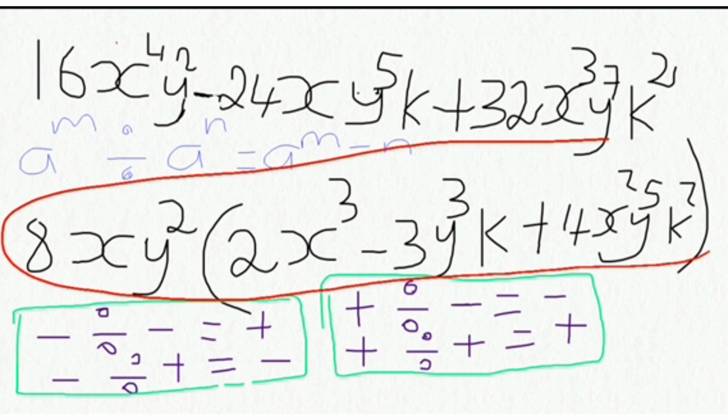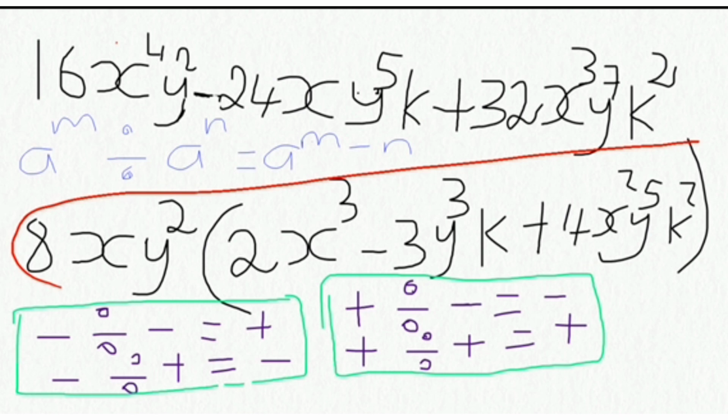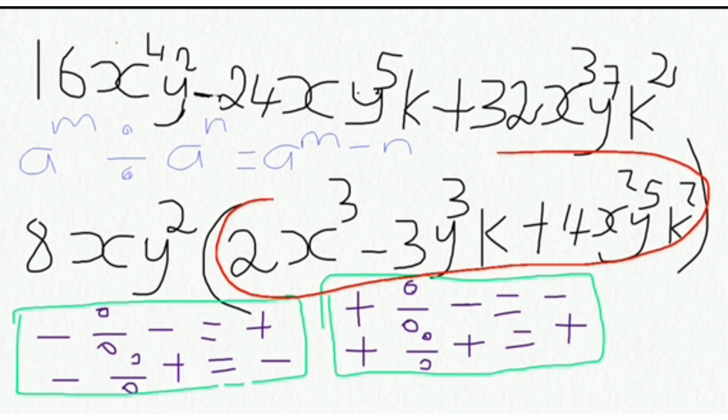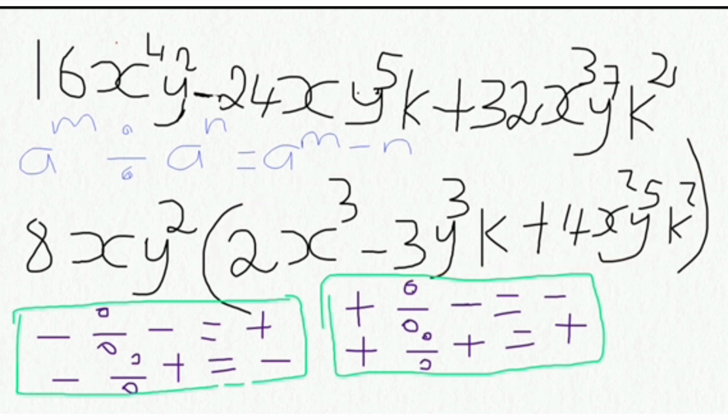The next step is just to see whether we have completely factorized this expression by checking inside the bracket. If you want to see whether you have factorized completely, you have to look at the coefficients. The coefficients are 2, 3, and 4. Do these numbers have a highest common factor apart from 1? No, there's not a number that can divide 2, 3, 4 apart from 1.